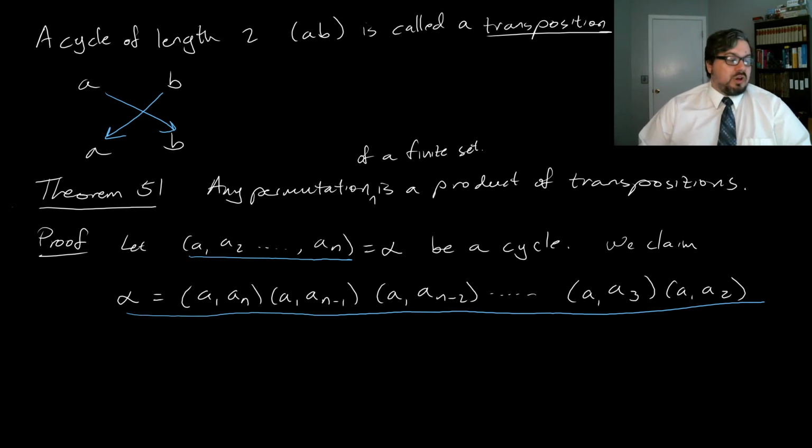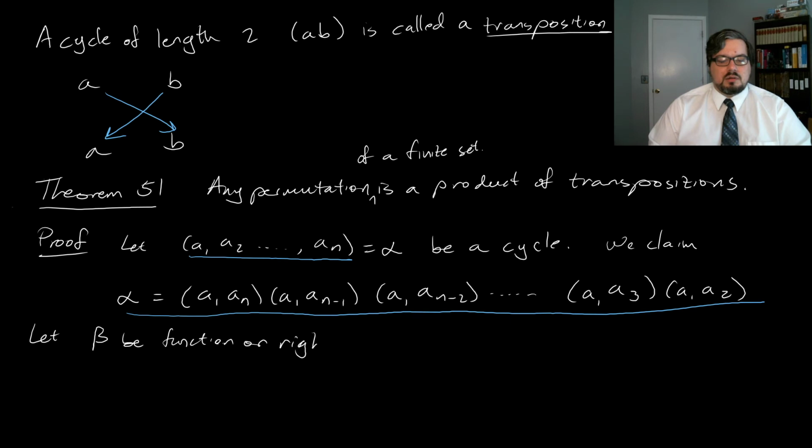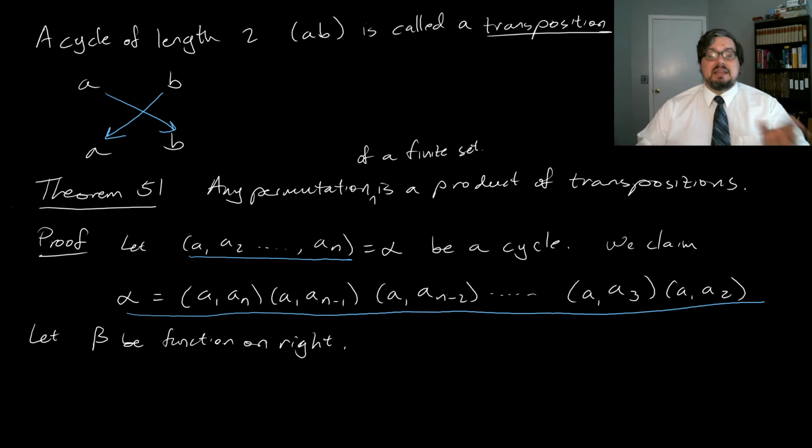All right, so we want to show that these two are equal. Well, how do we do this? So let beta be the function on the right. And once again, we're going to show that alpha and beta are equal to each other by showing that they are equal on any input.